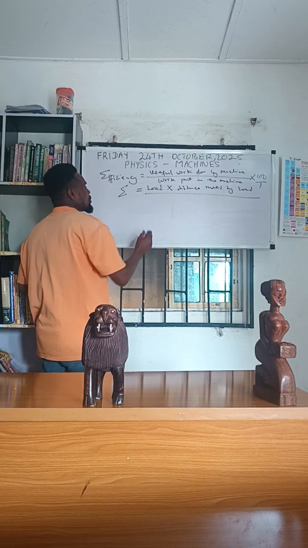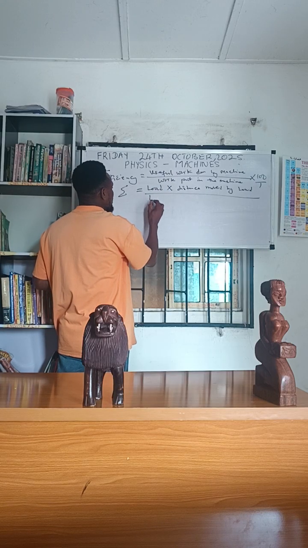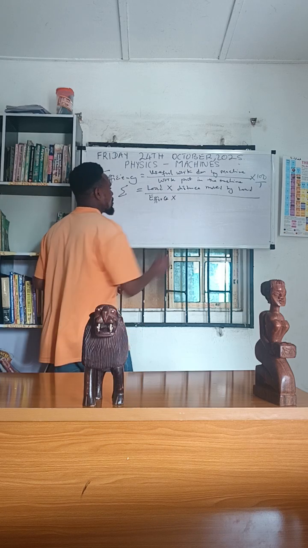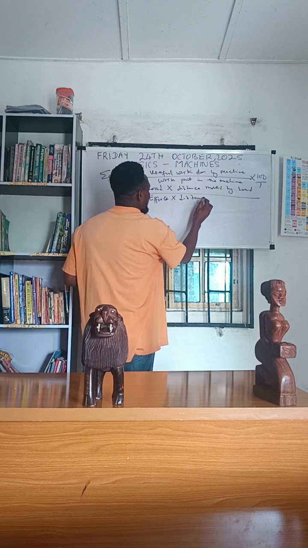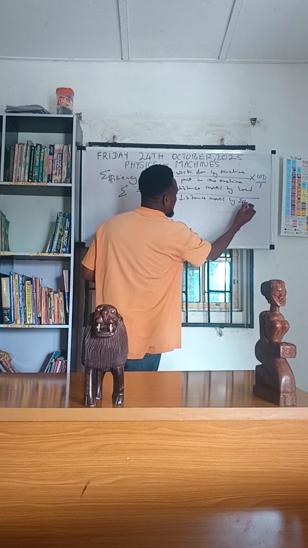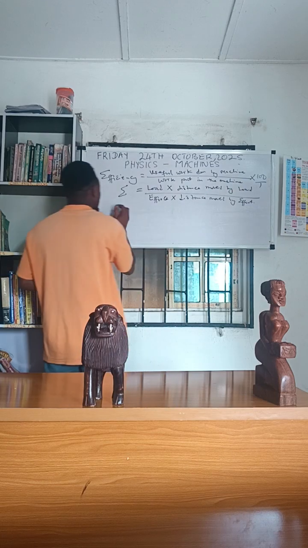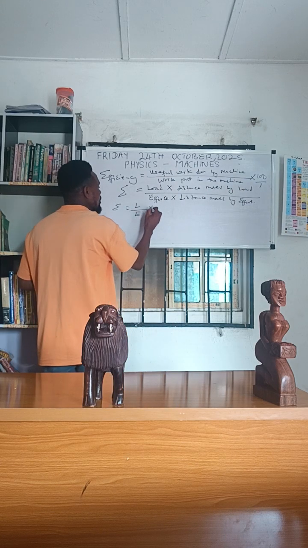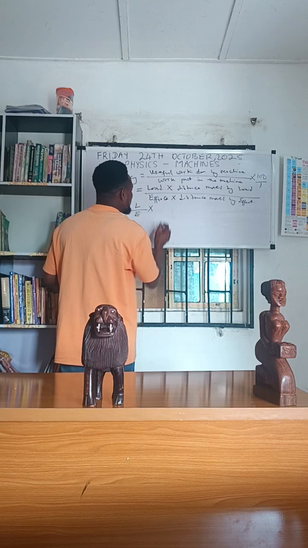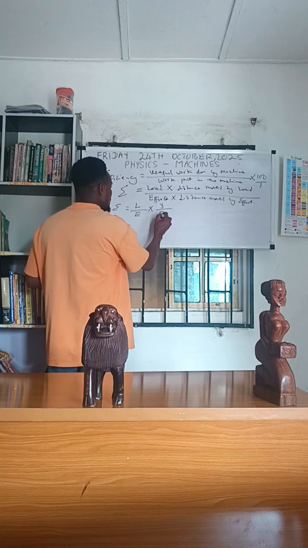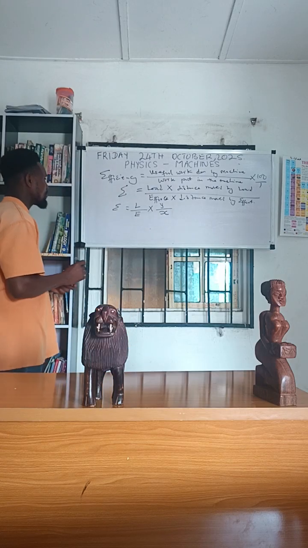The work put into the machine is equal to the effort, which is force, times the distance moved by the effort. Efficiency is equal to load over effort times distance moved by load, which is Y, over distance moved by effort, which gives us our S.